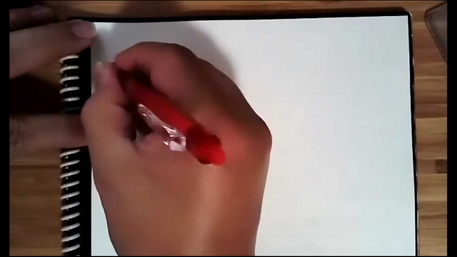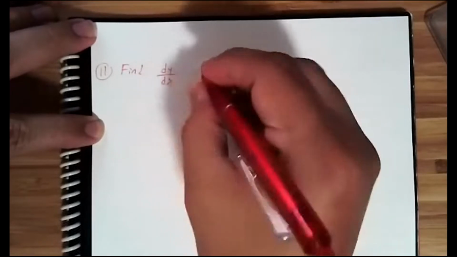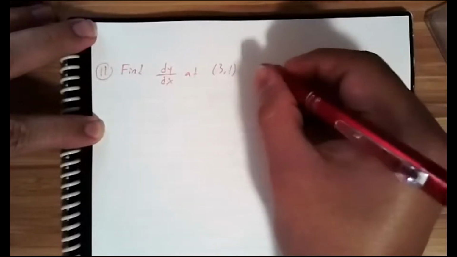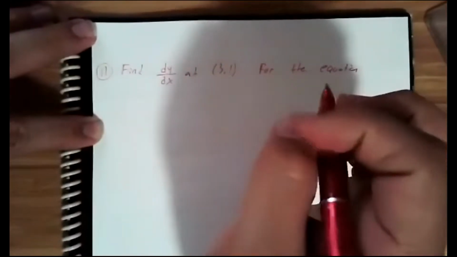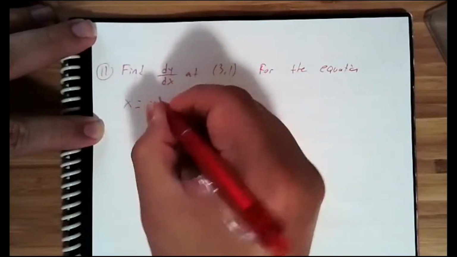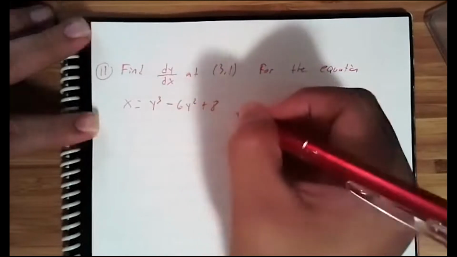Number 11. So find dy dx at 3, 1 for the equation x equals y cubed minus 6y squared plus 8.